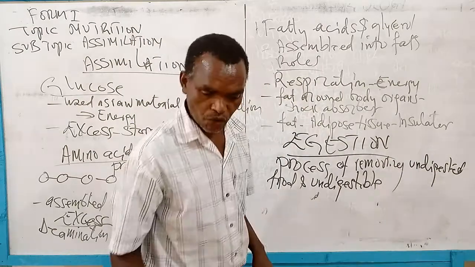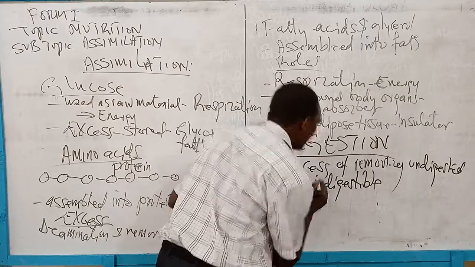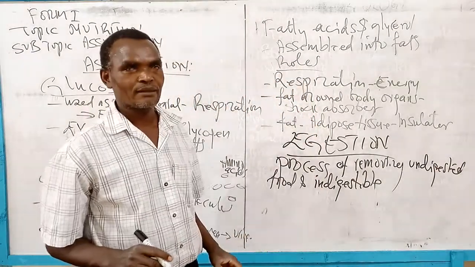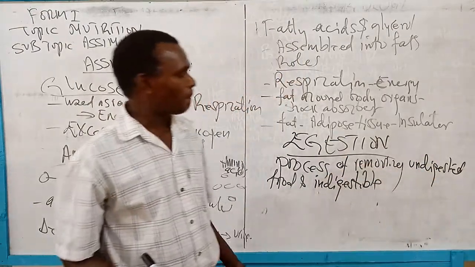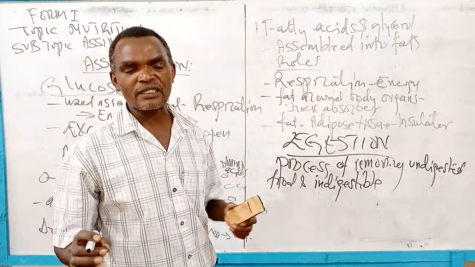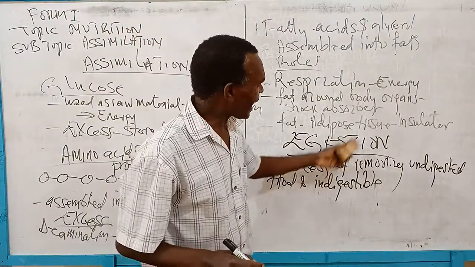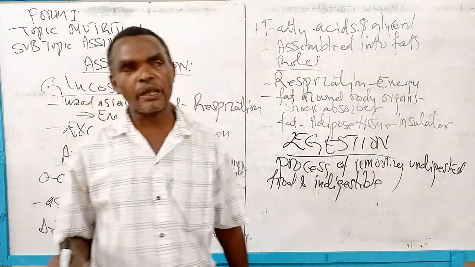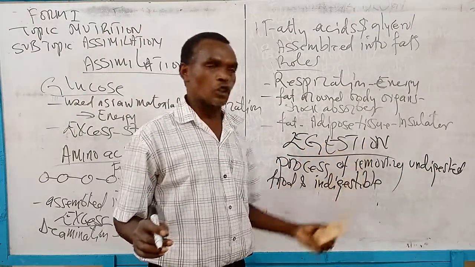So we have that which cannot be digested. Indigestible is an organic material, but which, because of its toughness, cannot be broken down by enzymes. So when these are passing out from the body through the anus, this is egestion.